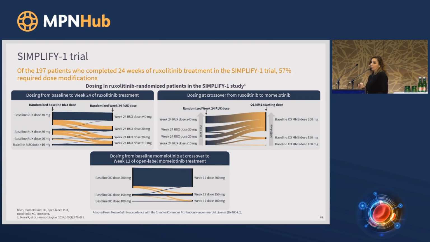And regardless of the dose of ruxolitinib at the time of the crossover, the majority of patients switched to momelotinib without ruxolitinib tapering or washout, and started momelotinib at the optimal dose of 200 milligrams once a day. In the first 3 months of treatment, the majority of patients switching to momelotinib maintained this dose.